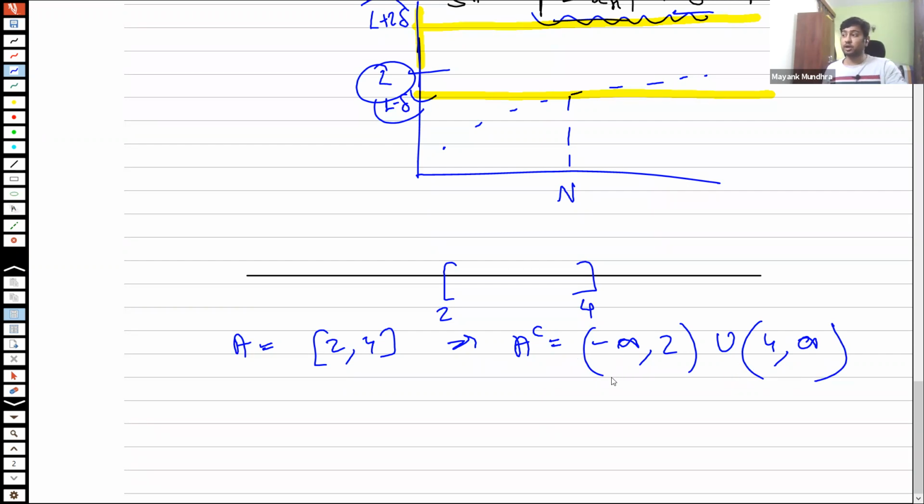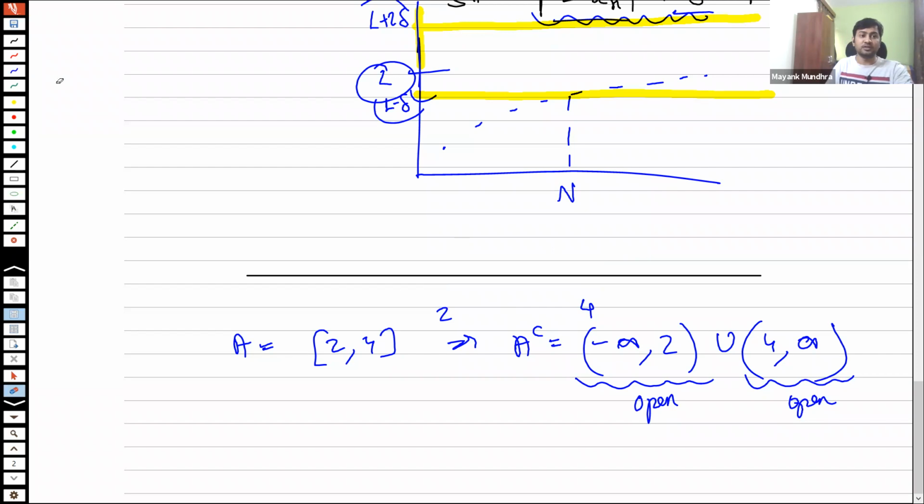Okay, so this is my A complement, right? This part is open, and this part is open. I'm not saying it is open because it looks like this. It is open because for any point, you can construct an interval around it. I'm not saying that just because this has circular brackets, it's open. I'm saying check it with the definition that we are given now.